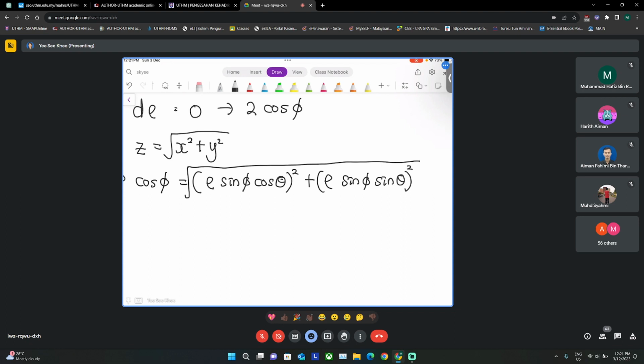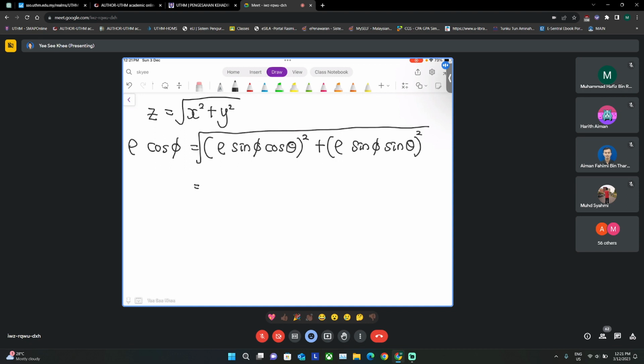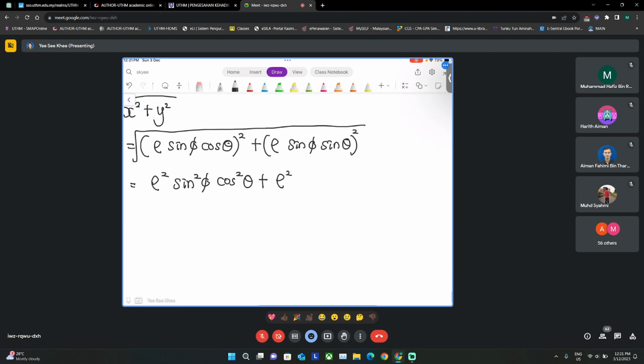We simplify the term inside the square root first. You will have rho squared sine squared phi cos squared theta, plus rho squared sine squared phi sine squared theta.